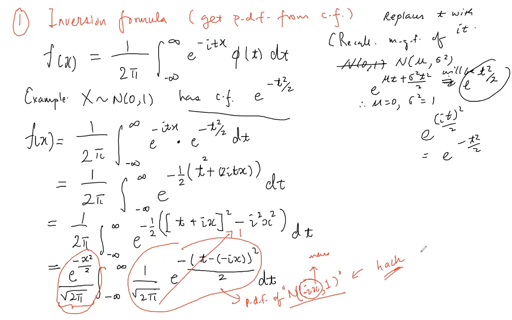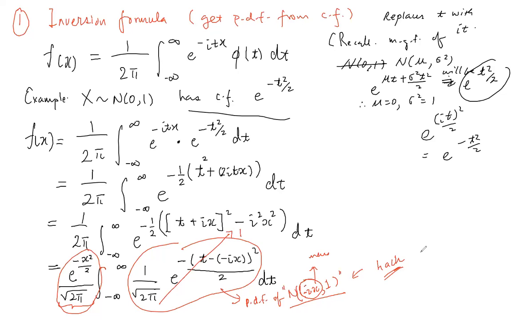I'll show another case where you don't need to use a hack, where you can work it out. But these kinds of examples are a bit limited. Most of the examples will require you to know complex integration.